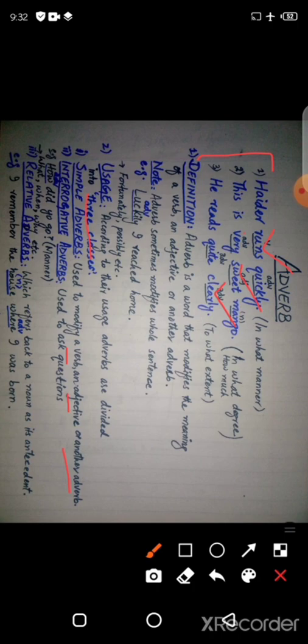The second usage of adverbs, on the basis of usage, we can categorize as interrogative adverbs. Interrogative adverbs are those adverbs which are used to ask questions. Here we haven't used them to ask questions; we have used them simply as modifying words. But here we will use them to ask questions.